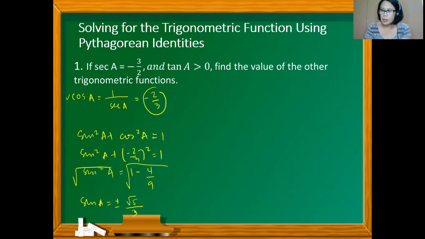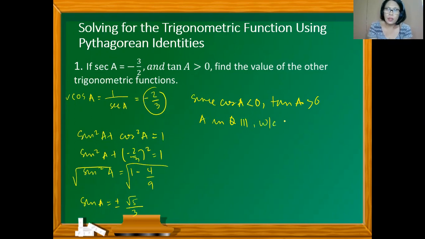Since cosine A is less than 0, and tangent A is greater than 0, A must be in quadrant 3.